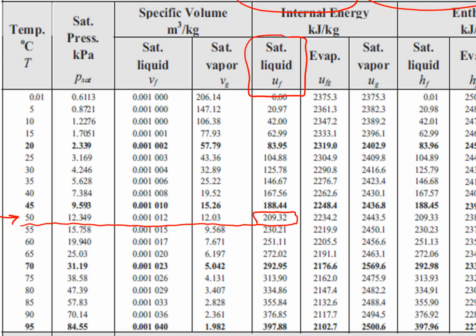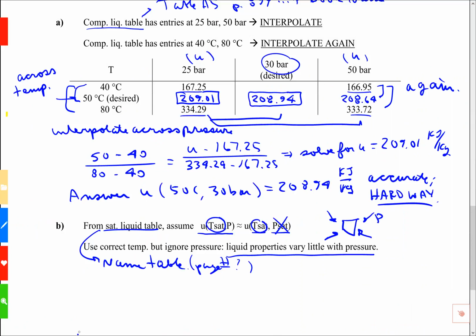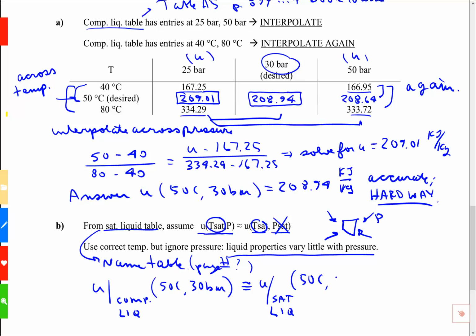Let's copy that to the other page. So I'm going to say that the internal energy we're looking for, compressed liquid at 50 C and 30 bar, is approximately equal to U for saturated liquid. Again, this only works for liquids at 50 C, and the P saturation.